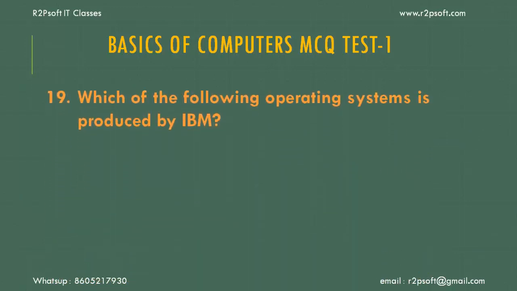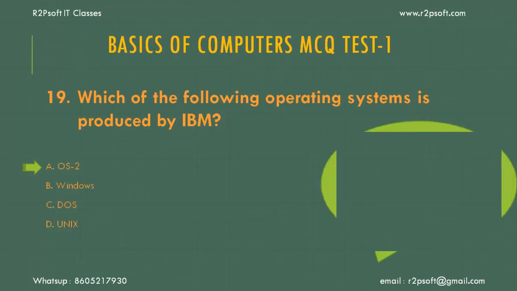19. Which of the following operating systems is produced by IBM? A. OS2, B. Windows, C. DOS, D. Unix. Answer is A. OS2.